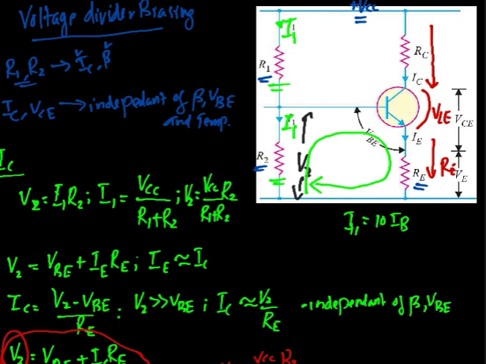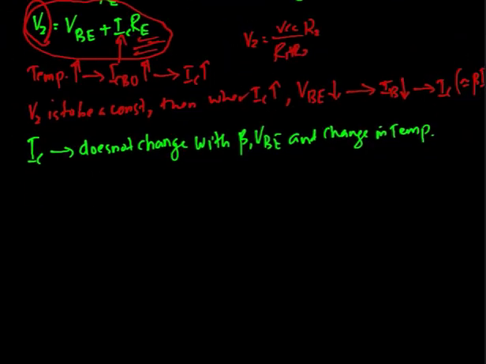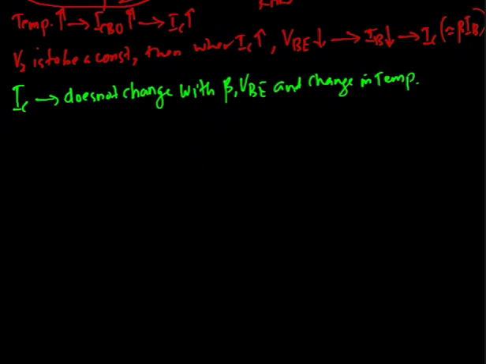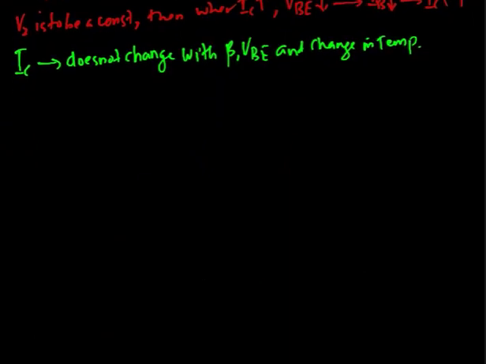So now if we apply Kirchhoff's voltage law to the output portion of this circuit, we can write the equation of the currents and voltages in the output as VCC equal to ICRC plus VCE plus IERE.